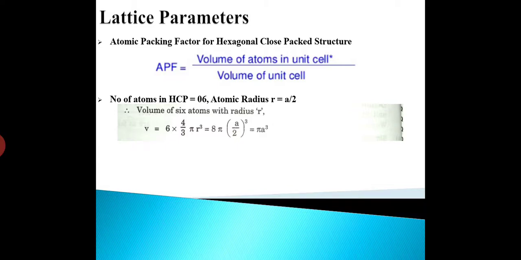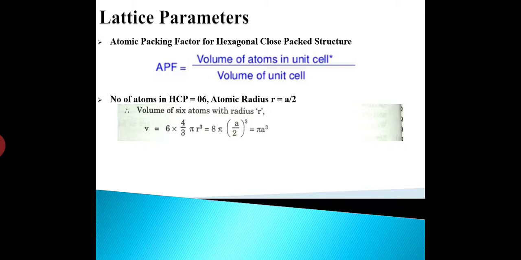Here there is a change in the volume of atom. For cubic structures we directly considered 4 by 3 pi r cube, but as this is a hexagonal structure, the volume of 6 atoms is considered. So that volume is equal to 6 multiplied by 4 by 3 pi r cube.